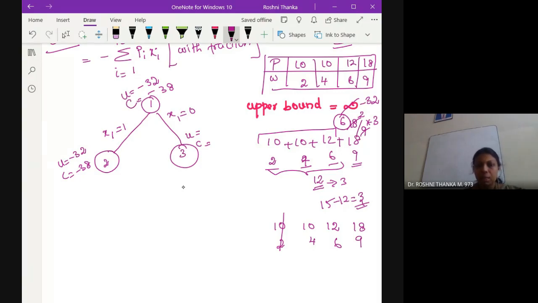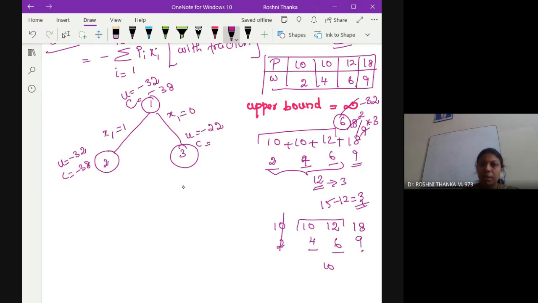The second item is 4, the third item is 6, so 4 plus 6 is 10. But when I add the 9 also, it becomes 19, so it exceeds the maximum size. So we cannot consider the fourth item. For the upper bound, we add these 2 alone, because we don't consider the fraction of it, right? So the upper bound becomes minus 22.